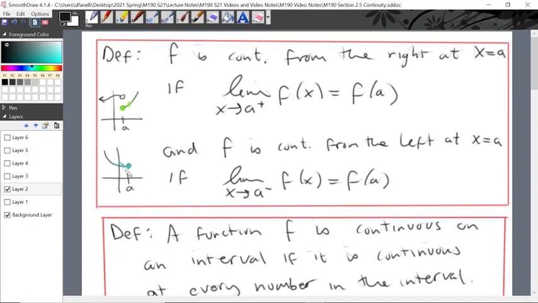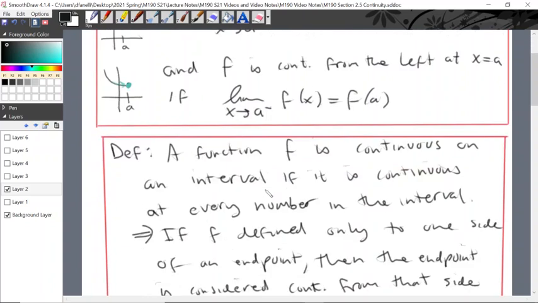Otherwise, if we were approaching it from the right as well, we would just say continuous, as opposed to establishing it was only continuous from the left. The function could exist going off to the right, but it doesn't have to exist out there at all. So this allows for us to have continuity at an endpoint, and the endpoint must be included in order for continuity to be true. In other words, the output of the function at a has to exist, and it must be exactly where the limit was going to.